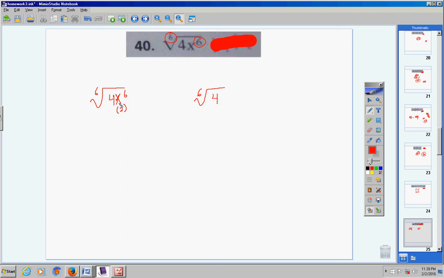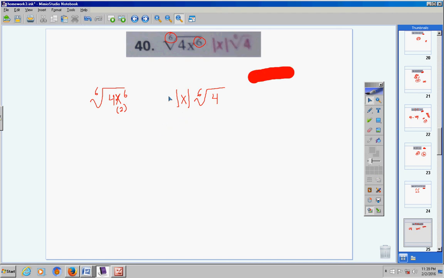And so, no matter what you put in for x, positive or negative, it's going to come out positive. So when that's the case, you must put absolute values around the variable. You're saying, hey, I don't care what I put in for x, it's going to come out positive, because that's how it was in the original problem. So there's your answer. Absolute value of x times the sixth root of 4.